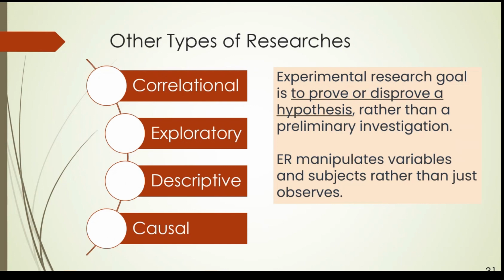We are just observing: is there any causal relationship, cause and effect relationship between two variables or not? Now we can start by doing any of these four types of researches, and we can confirm it by doing experimentation. So experiment requires hypothesis. The rest of this is more of a preliminary investigation.